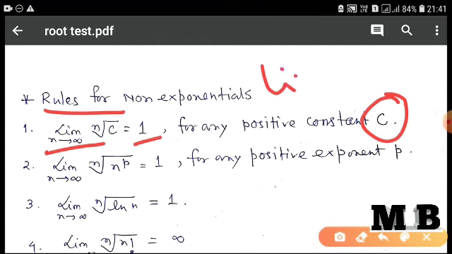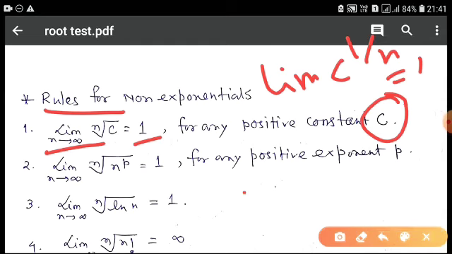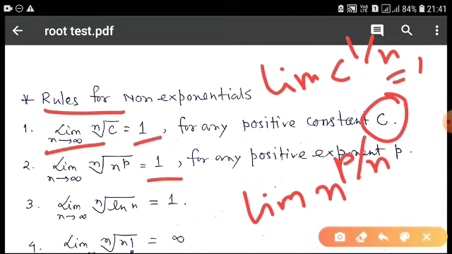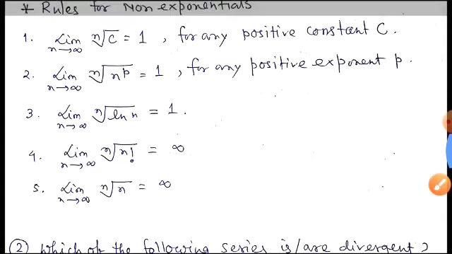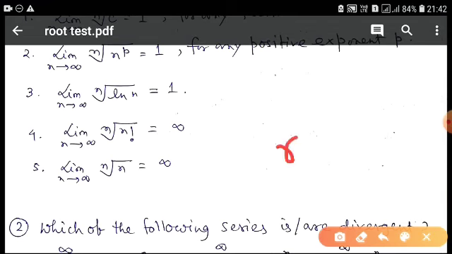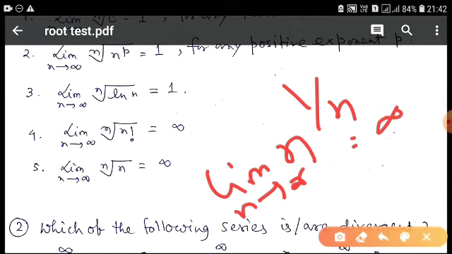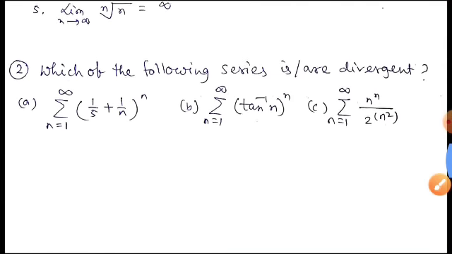Then the limit of n to the power p by n, here also you will find the limit is 1. Similarly, for factorial n to the power 1 by n, the limit is going to be infinity. Then you have another formula, n to the power 1 by n, taking the limit as n tends to infinity. So these are some formulas and rules for you.